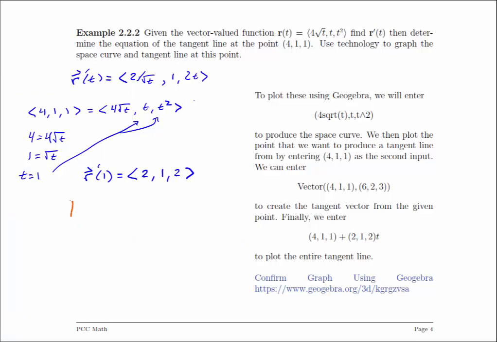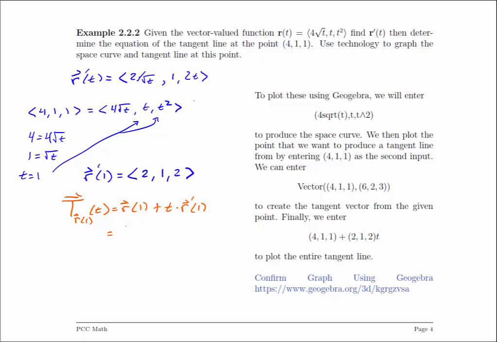Remember, our tangent line at a specific value is going to be a point on the tangent line, which is nice just to take the point from that vector function that we're looking at, plus t times r prime at that t value of 1 here.